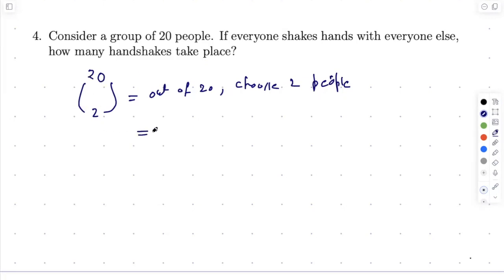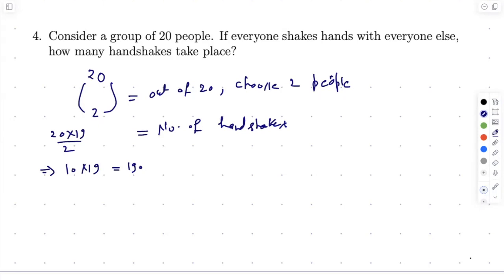So what is the answer there? It is going to be 20 into 19 divided by 2. You simplify them, it is 10 into 19, and it is going to be 190. So there are a total of 190 handshakes possible.